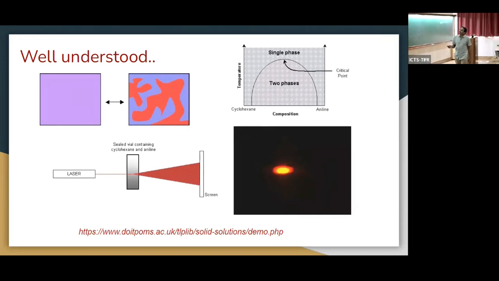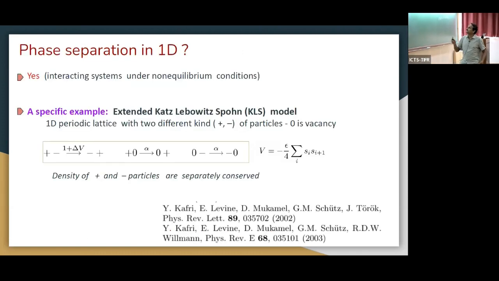A very simple example, an undergraduate lab: you take cyclohexane and aniline and mix them around 40°C. The mixture is transparent, so if you put a light on it and a paper here, you see flashes. When it cools down, this suddenly disappears, because the phase separated state is opaque, since one of the liquids is opaque.